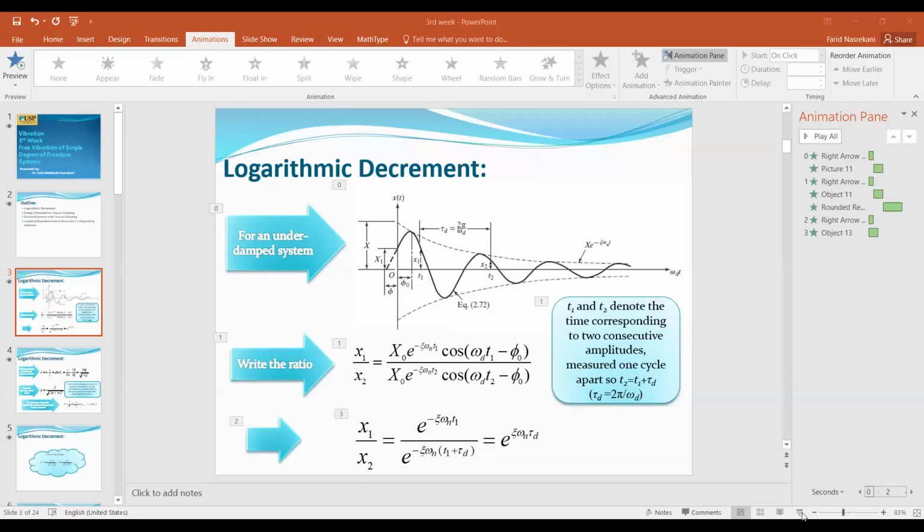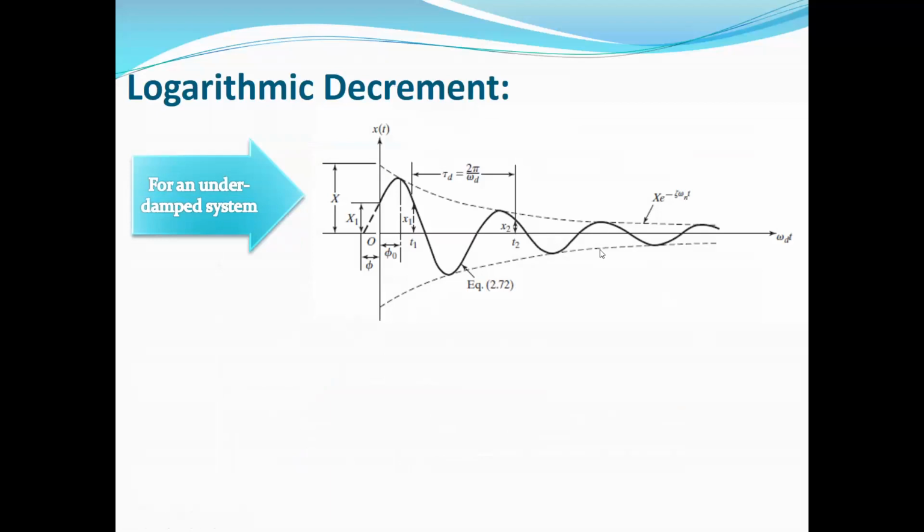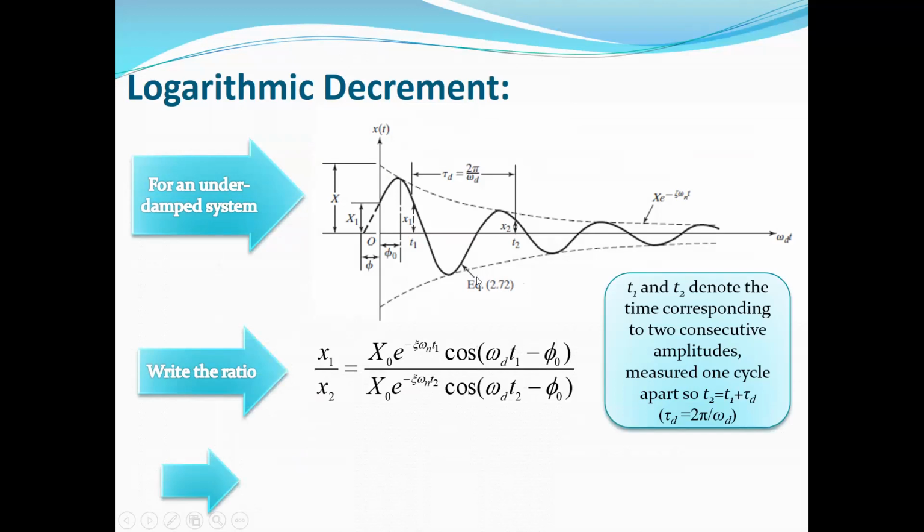Okay, so let me start. We continue with the logarithmic decrement. In logarithmic decrement, I explained how we can extract the relation between the amplitudes in two consecutive cycles, for example x1 and x2, and then substitute into the relation for the response.